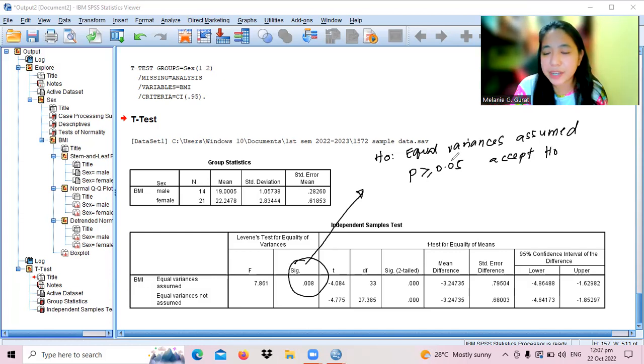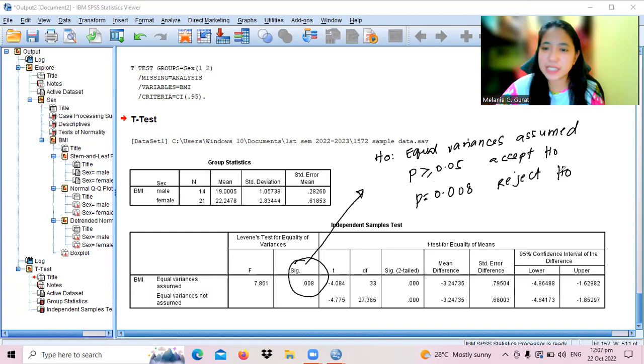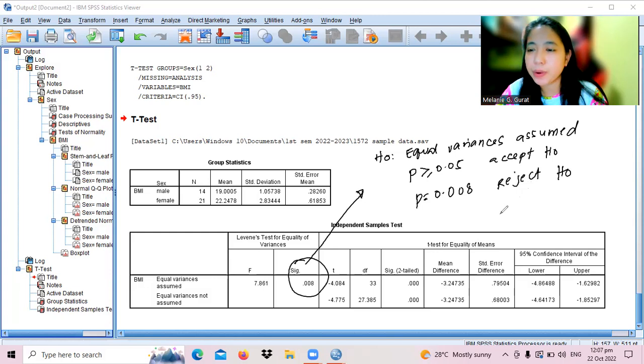For this value now, the p-value is 0.008, which means we are rejecting our HO because it is less than 0.05. And if we reject our HO, it means that equal variances not assumed.